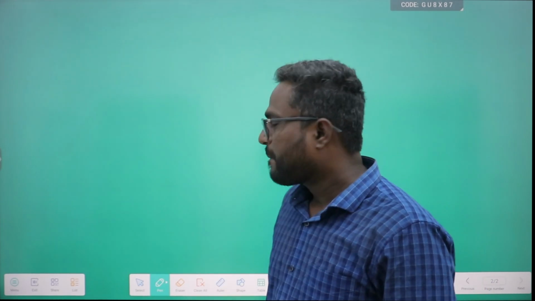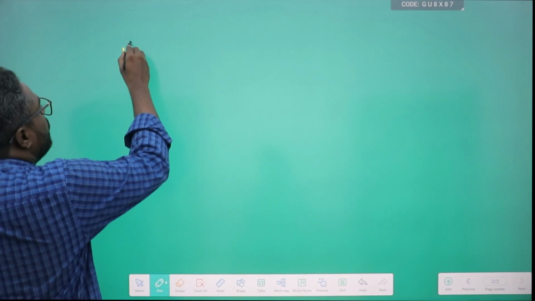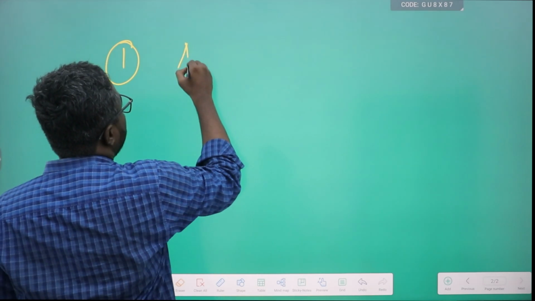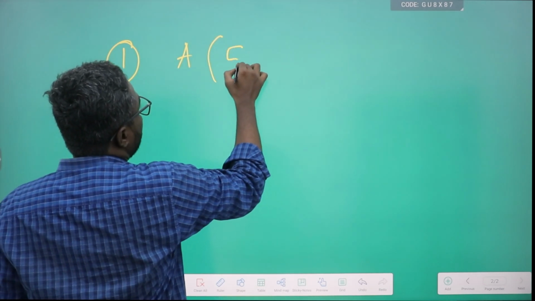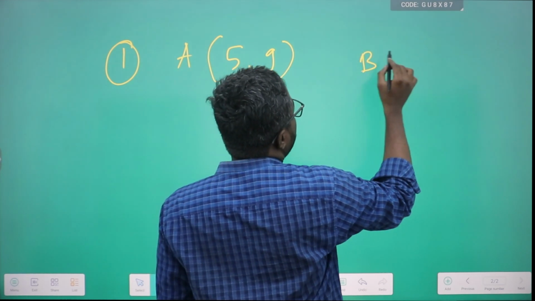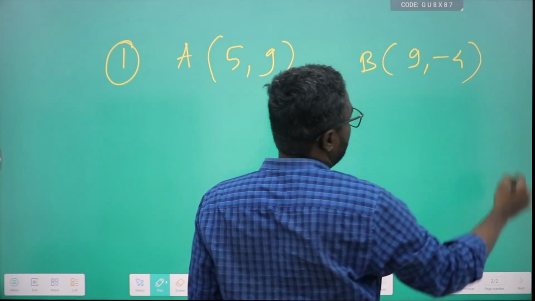Now I am going to give you guys two questions to solve. If you get the answer, please write it down in the comment box. I want you to find the slope between these 2 points. Question number 1: point A is (5, 9) and point B is (9, negative 4).